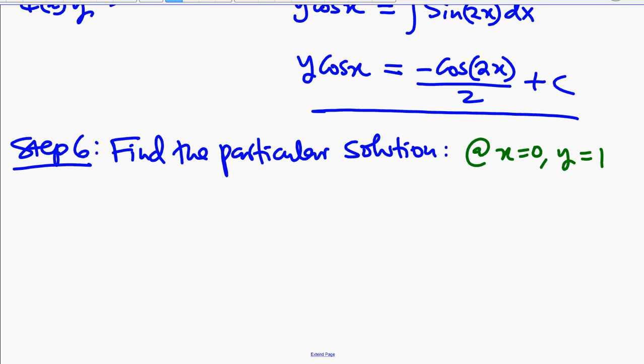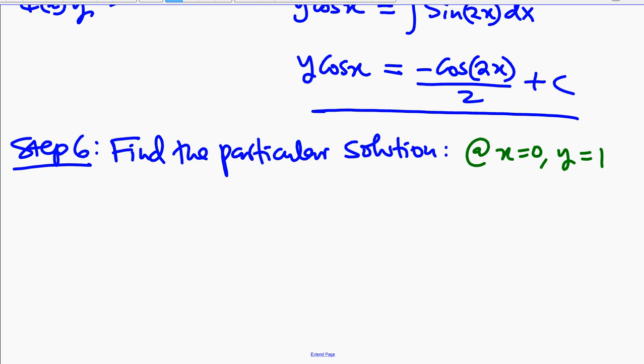So we'll just plug those conditions into our general solution.